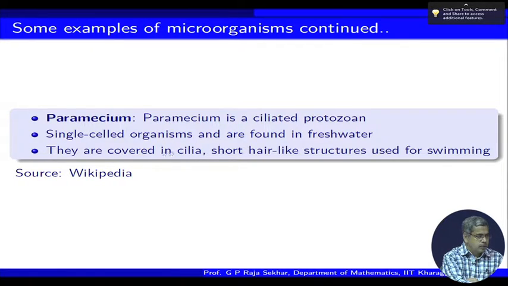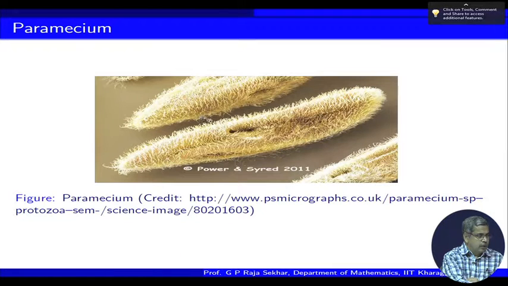This entire thing is a single cell, and of course you have some feeding happening, like a mouth, a small slit, but the main thing we are interested in is this hair like structure, the cilia. Naturally, this is able to move without any external forces by virtue of these cilia movements.